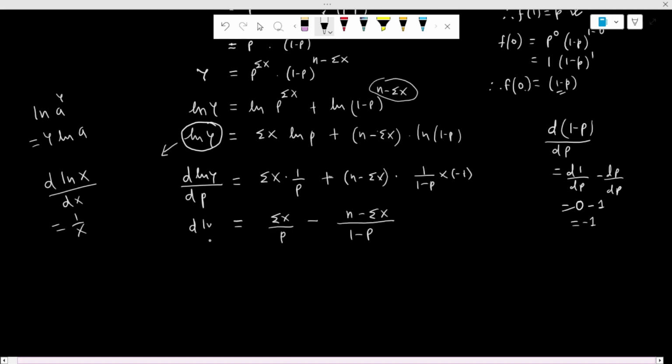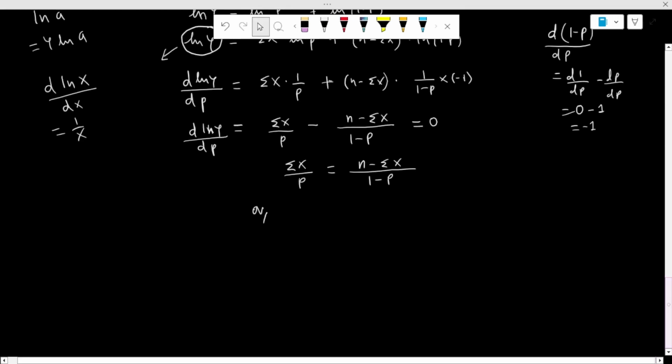So this is our first order derivative of our likelihood function. Now we need to set this to 0. So what do we get? We get summation x by p equal to n minus summation x divided by 1 minus p. Now let us arrange it according to our requirements.